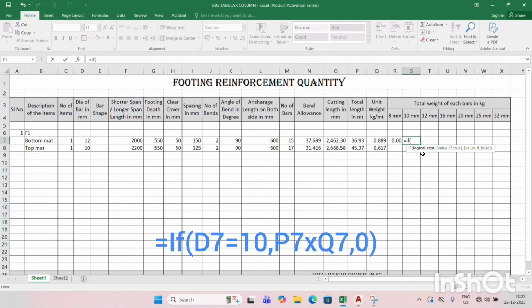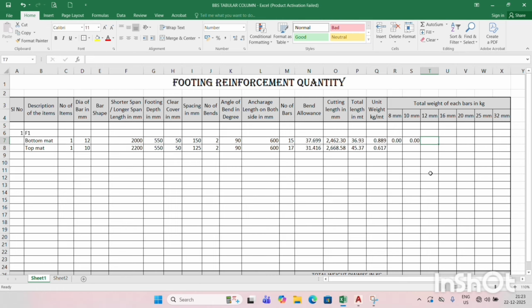What is the logical test? In this cell, this dia is equal to this 10 mm, comma, multiplied by this density of rod multiplied by this total length, or else 0. Here also 0 came. Why? This is not 10 mm.